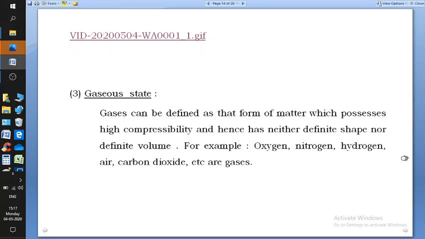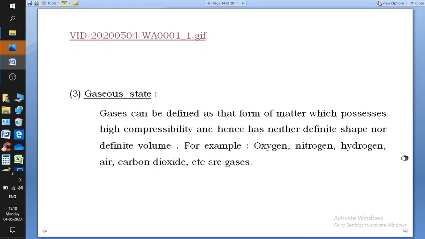Now we come to the third state, and that is called the gaseous state of matter. Gases can be defined as that form of matter which possesses high compressibility and hence has neither definite shape nor definite volume. You can compress gas very easily, but they do not have any shape.